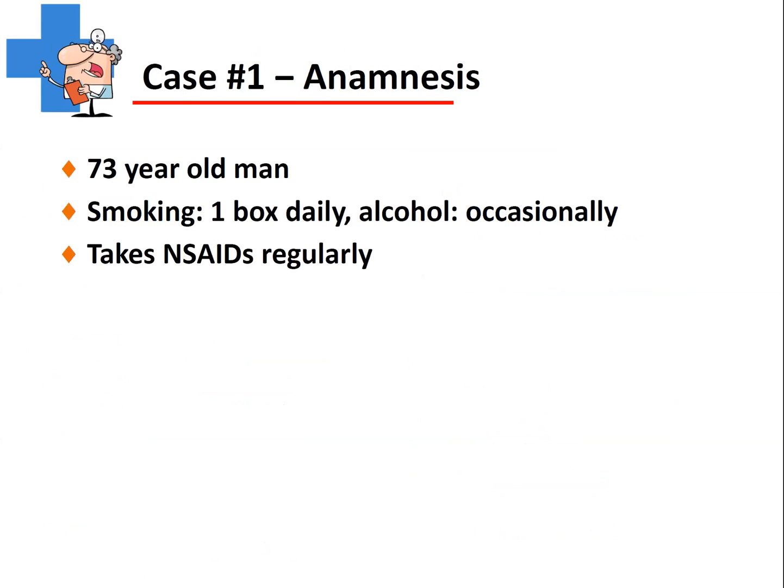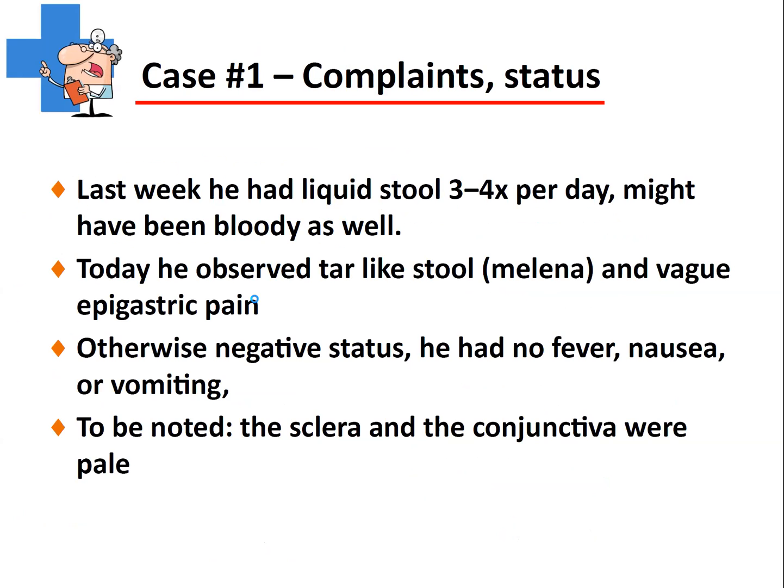Now, in the first case, we have a 73-year-old man who smokes daily, drinks alcohol occasionally, and takes NSAIDs, non-steroidal anti-inflammatory drugs. Last week he had liquid stool, diarrhea 3 to 4 times per day, which might have been bloody as well.